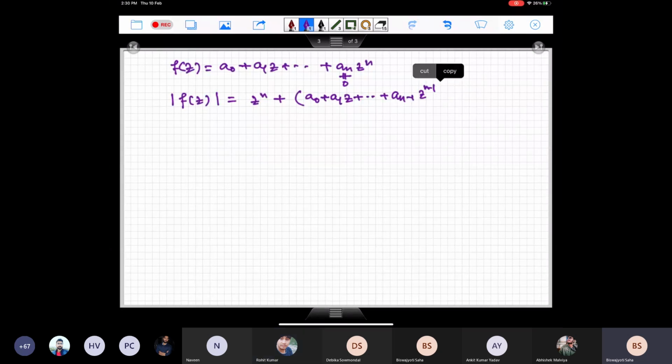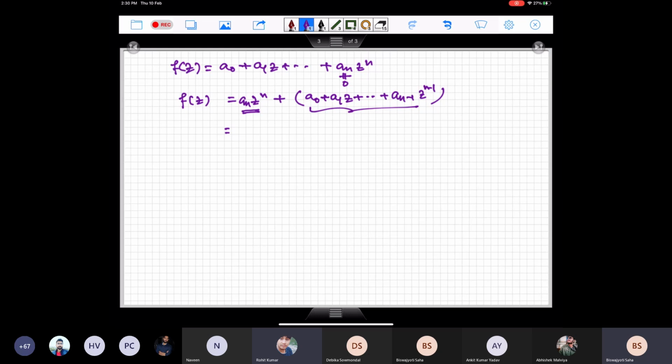Let me just have an z power n separately. So I write my function f of z in this way, and then what you can say is that this term increases much faster than the other part.